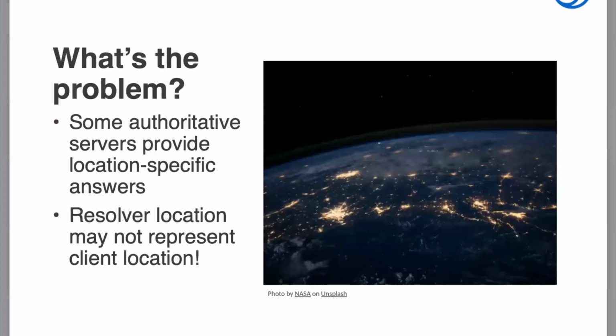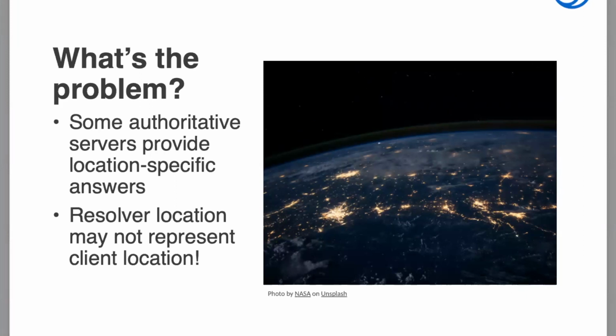So why? In a very simple world, clients are close to their DNS server, and their DNS server asks questions on their behalf of authoritative servers around the internet. The authoritative servers these days, though, have started doing geo-specific types of replies.